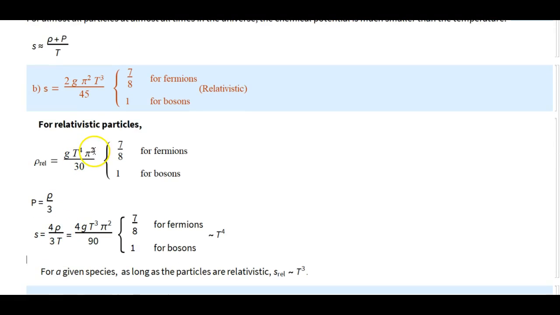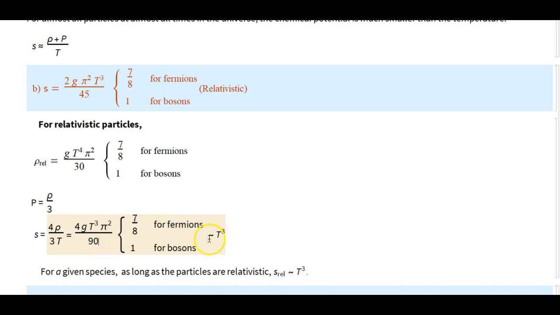And rho relativistic is this. So you put the value of rho relativistic here, and you will see that this becomes equal to this: 4 g T cube pi square.